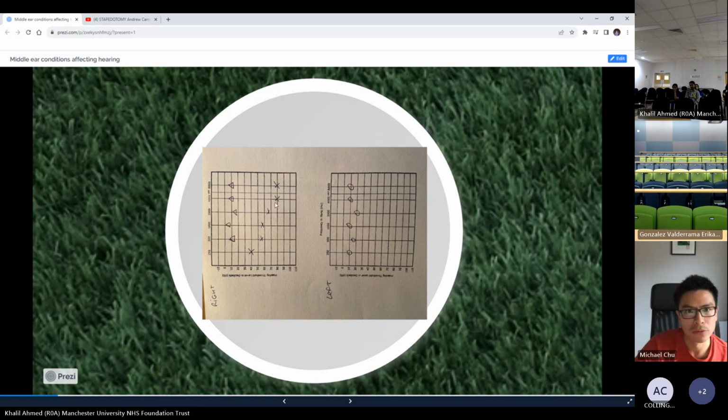Yeah. And basically, when they do that, if the bone conduction is down here, then it's a sensorineural loss. If the bone conduction is up here, then it's a conductive loss. So that will answer the question about whether you need an MRI or not.